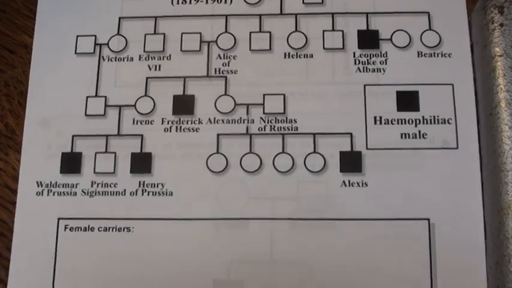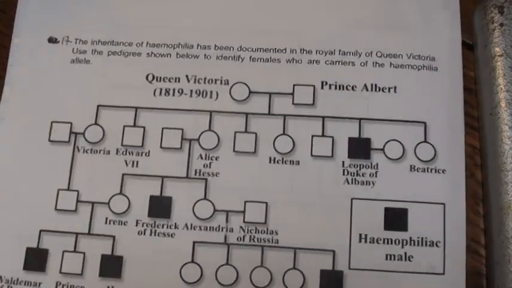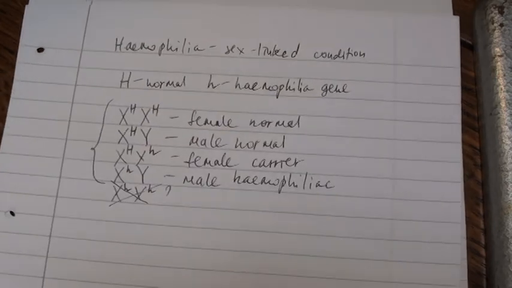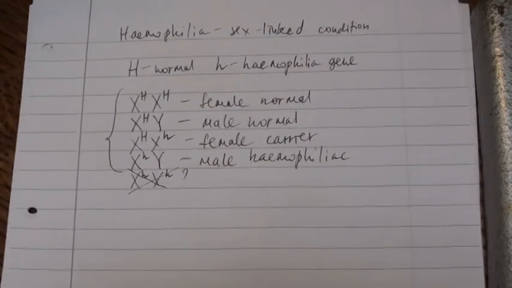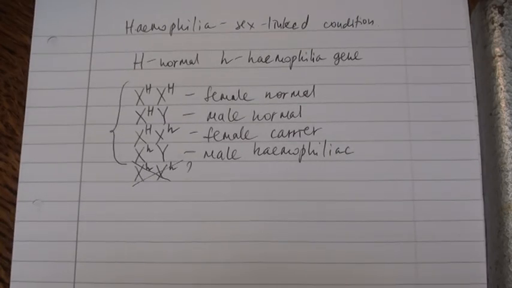Okay, and then the final job for you to do is to go back to, as I said, questions 14 and 15, and those questions are also looking at sex-linked inheritance, but they're to do with Drosophila flies.